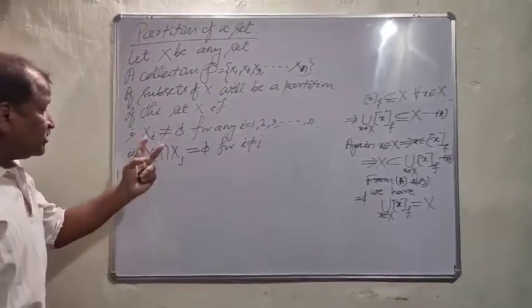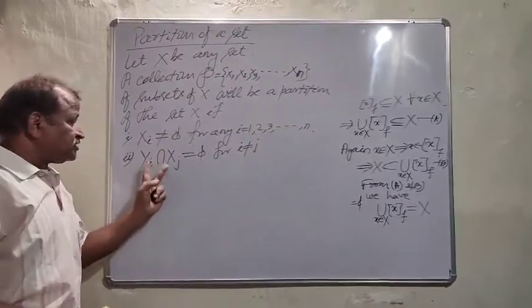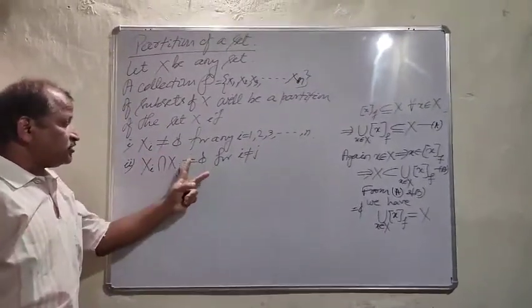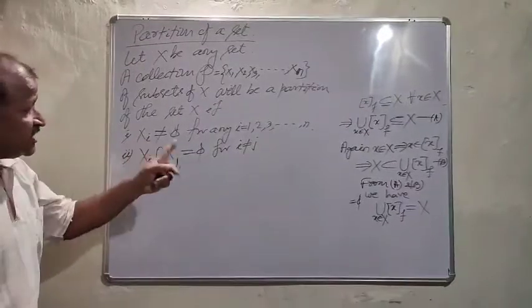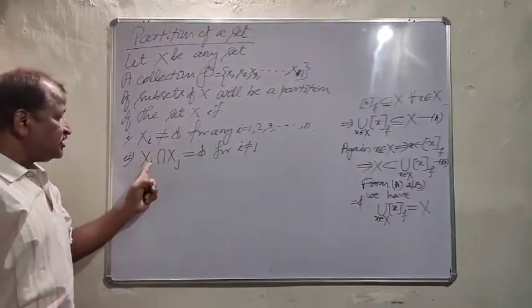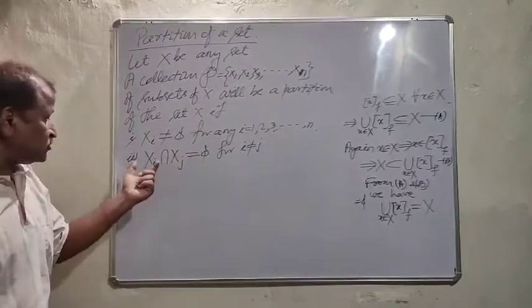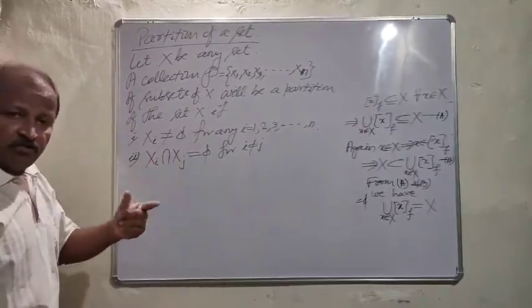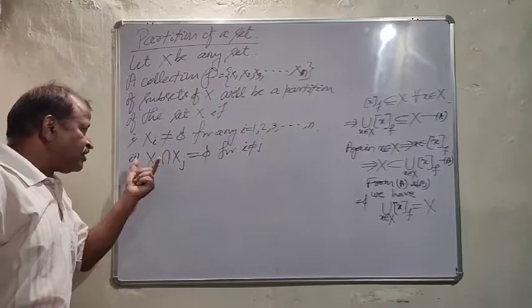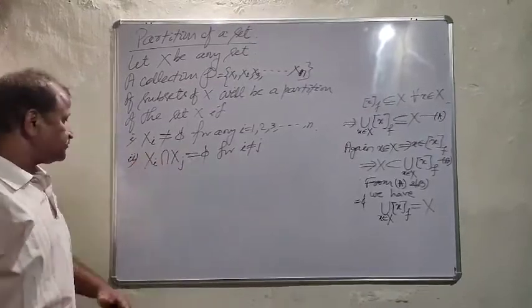Second point, two partitions are either equal or they are disjoint. That means xi, xj, when i is not equal to j, are different, so they are completely disjoint. There is no common element between xi and xj.